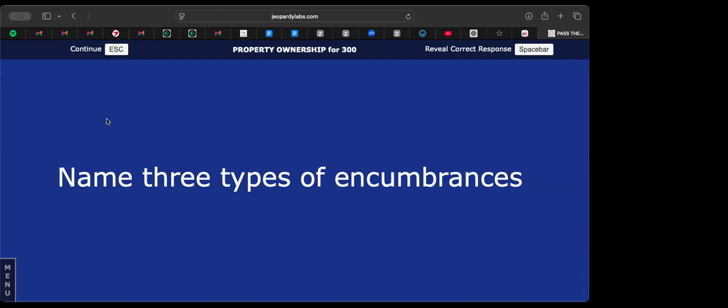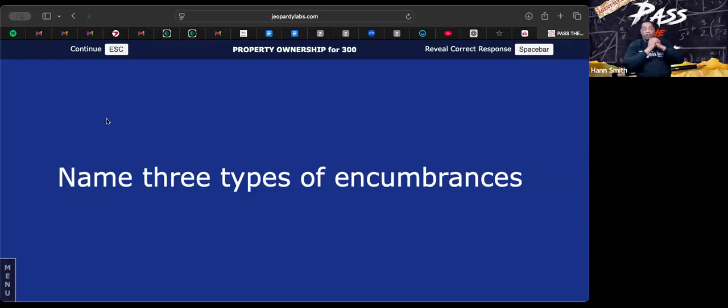Encumbrances, liens, leaseholds. I don't know the other one. All right. Well, think of encumbrances as what we call financial and physical. What are some financial encumbrances?